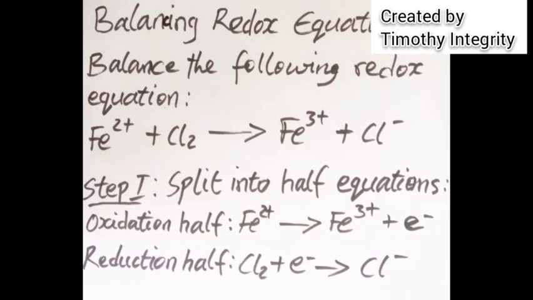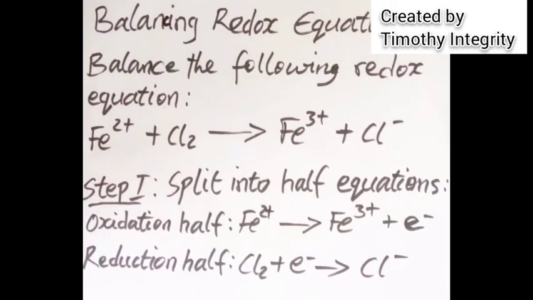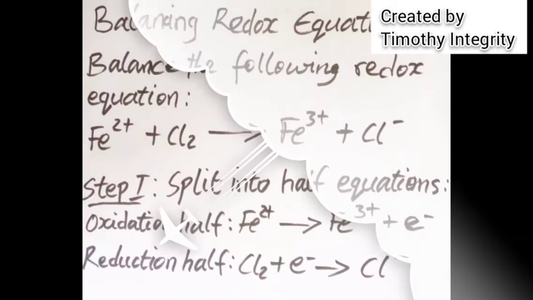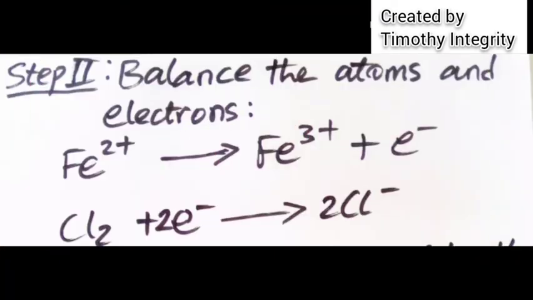Okay, we now have balancing of redox equations. We can balance redox equations. In this case, our aim is to make sure that the number of electrons gained and the number of electrons lost are equal. Okay? You have this example here. We want to balance this redox equation. The first step to be taken here is to split into the oxidation half and the reduction half. Yes, you see that iron 2 got oxidized to iron 3 and chlorine got reduced to chloride ion. And the second step is to balance out the atoms and then the electrons.